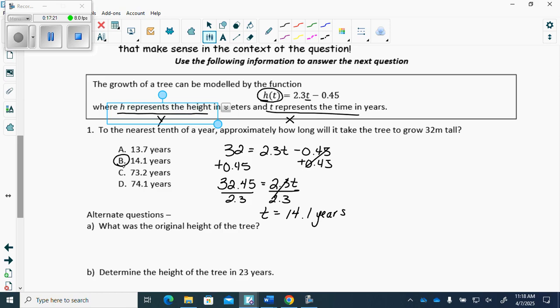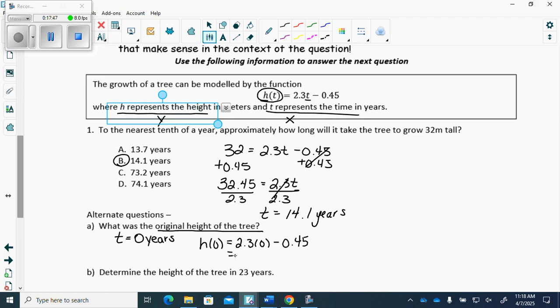Then it wants, what is the original height of the tree? What's that a fancy way of saying? Time equals 0 years. Right? So we could type it into our calculator, or we could go h of 0, because t would be 0, equals 2.3 times 0 minus 0.45, because it's the y-intercept.